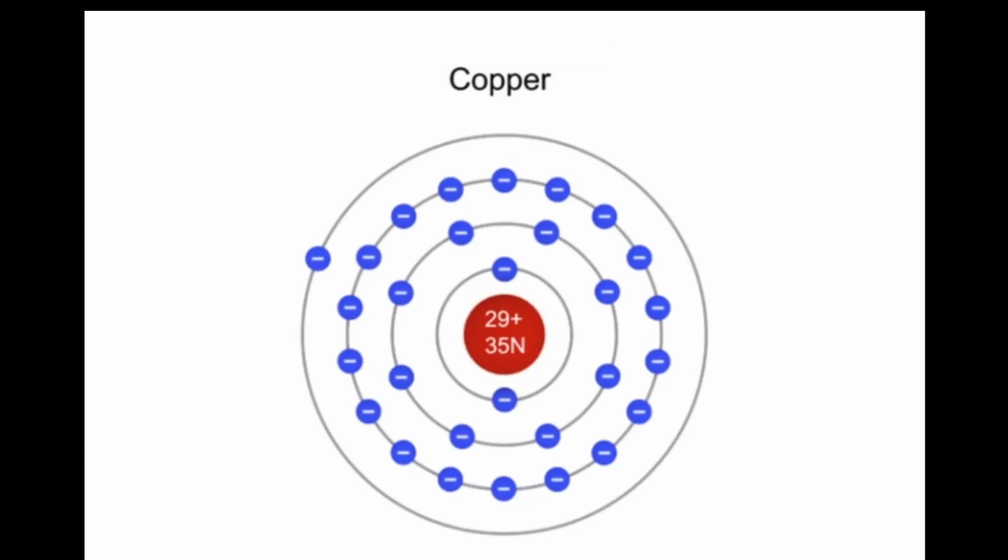After filling the first shell with 2 electrons, the second with 8, the third shell with its maximum 18 electrons, the outermost shell of copper is occupied by a single electron. The lone electron is loosely held in its valence orbit and thus can become a free electron.